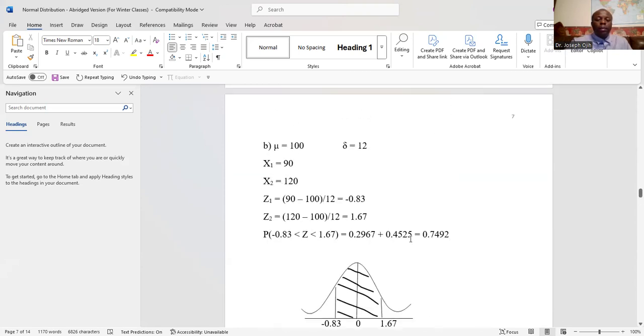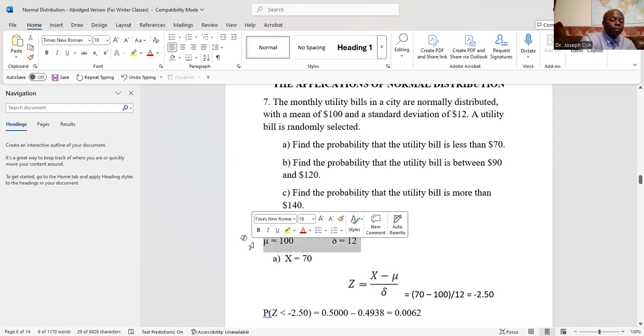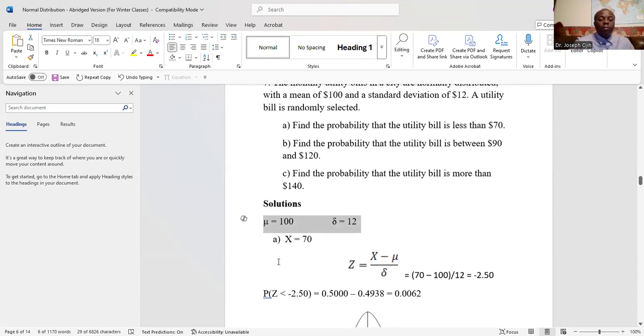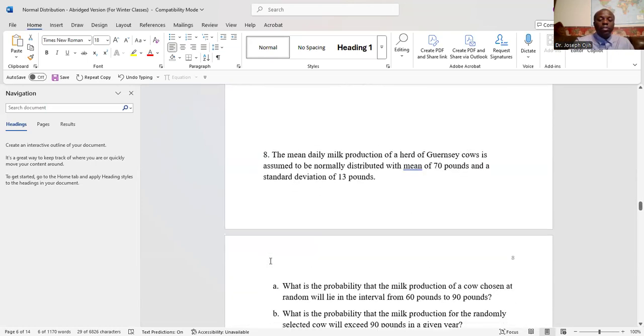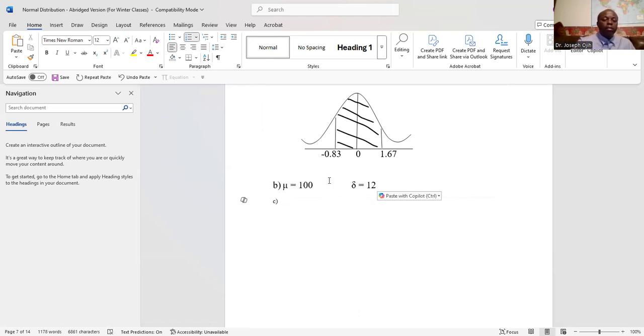Excellent. Now let's look at part C. Part C says, find the probability that the utility bill is more than $140. So again, we have our mean and standard deviation. It's the same mean and standard deviation, so the only thing that changes is the X value.